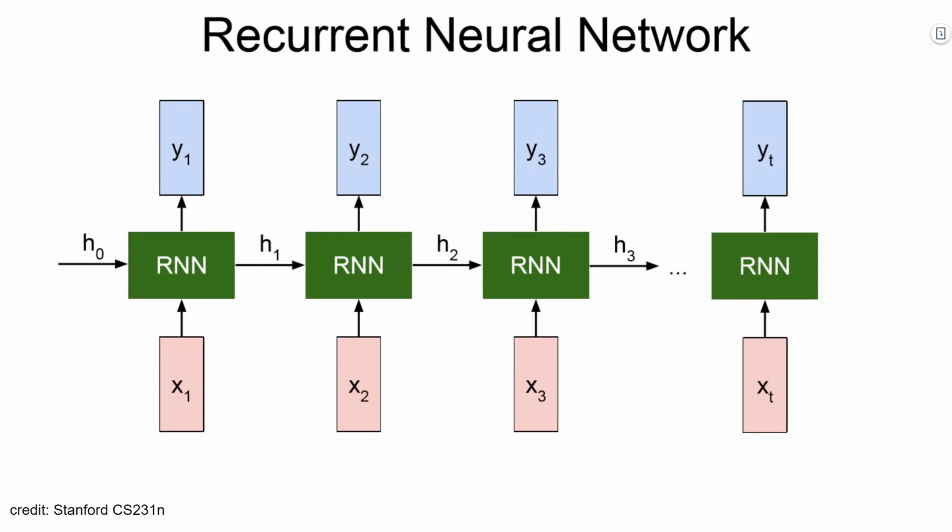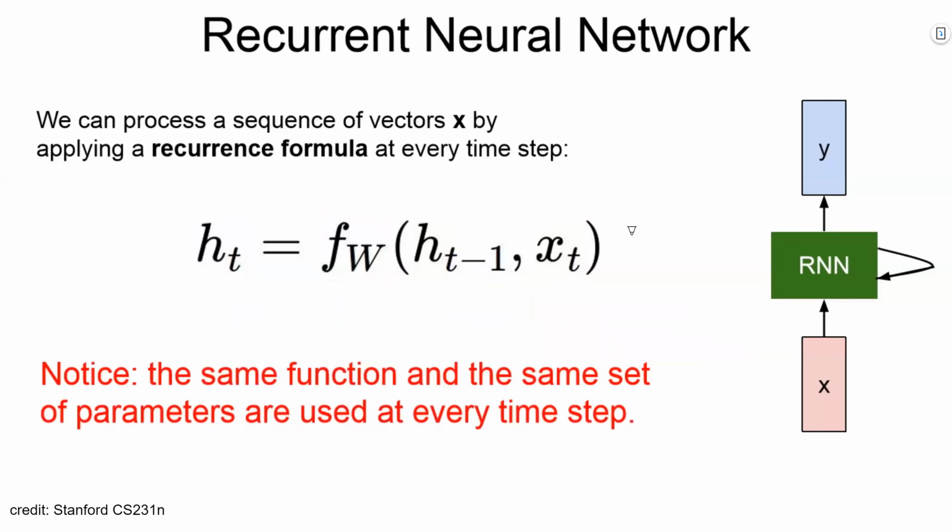So we initialize h in some way, and this becomes h1 when there is an input at time step 1. That happens again and again. And you notice we apply the same function and the same set of parameters at every time step. So we don't have to equip ourselves with multiple parameters to deal with multiple time step data.